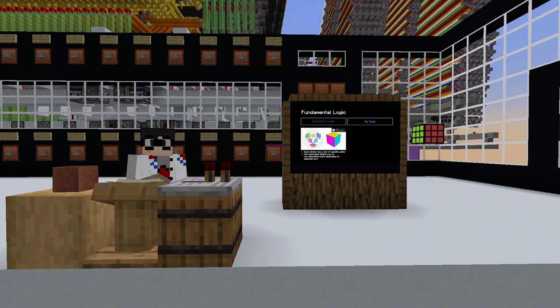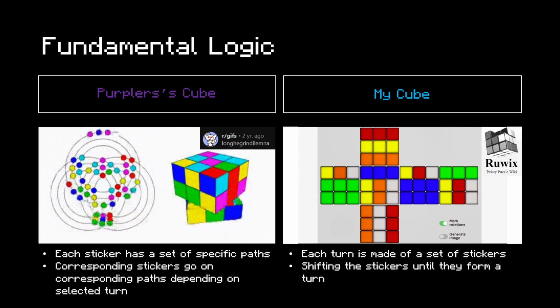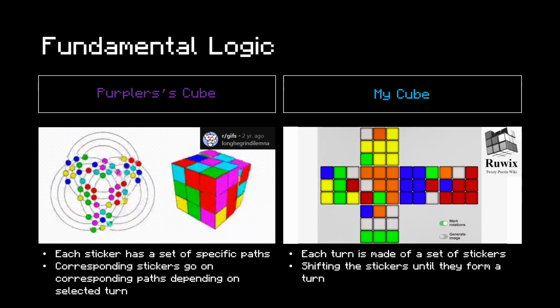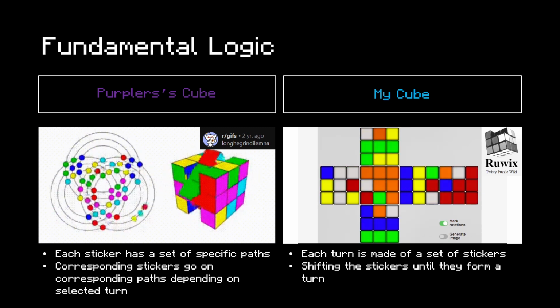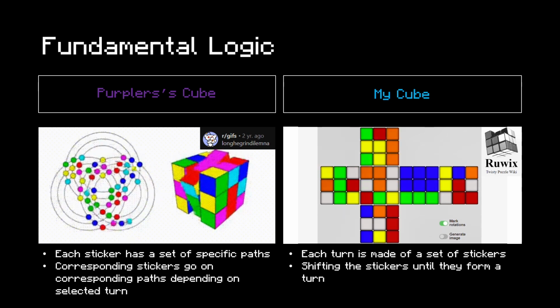Now what about my cube? Well, my cube is actually the opposite of whatever this is. In my logic, each turn is made of a set of stickers, and in order to form a turn, we basically just shift the stickers until they form a turn.